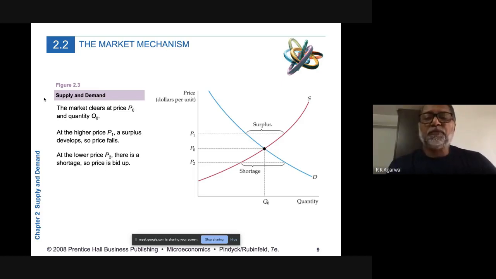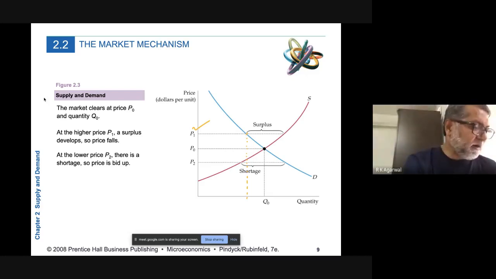But suppose for some reason the price is not P0. Let us say that price is P1. And see what happens at P1 price. When price is P1, you have to figure out what is the level of demand and what is the level of supply. So here at that price P1, the quantity demanded is 110.